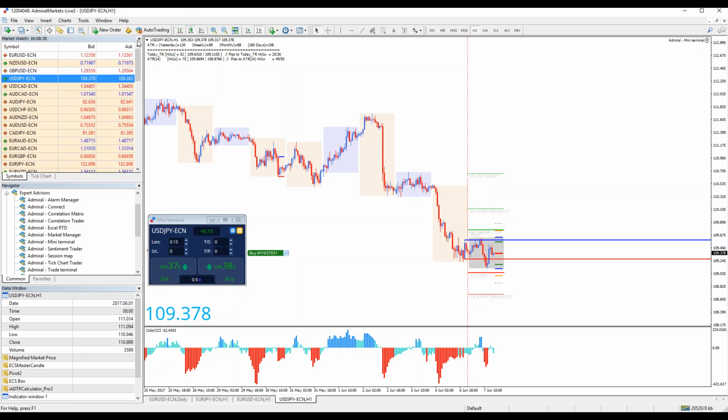Okay, I will do it now. Okay, guys. So that's it. We made a live trade. Dollar yen. Live trade.